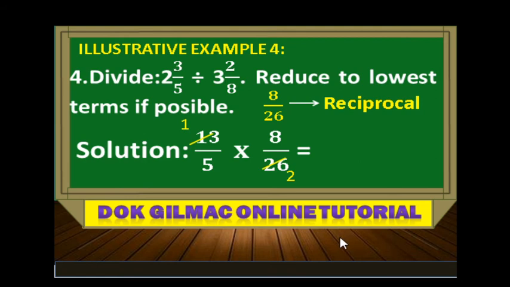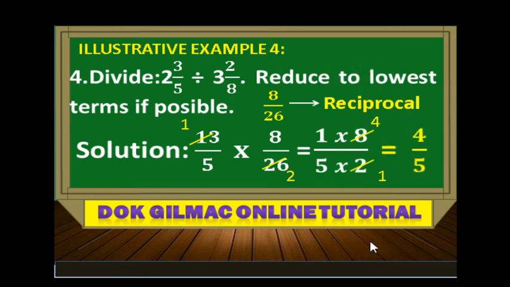So we have 1 times 8 all over 5 times 2. As you can see, 8 and 2 have a common factor of 2. So we can cancel out 2. So 2 divided by 2 is 1. 8 divided by 2 is 4. So we have 1 times 4 over 5 times 1. Or this is simply equal to 4 over 5.